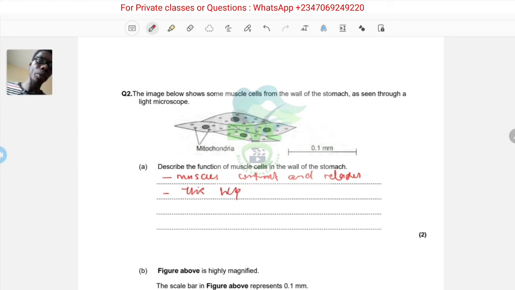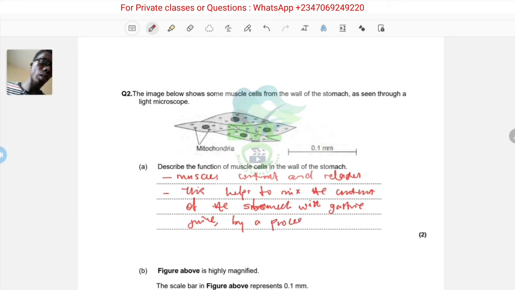This helps to mix the content of the stomach with the gastric juice by a process called churning.